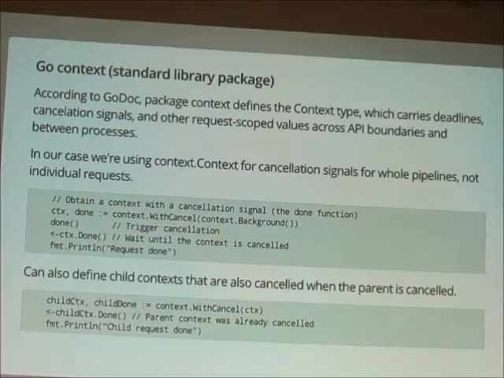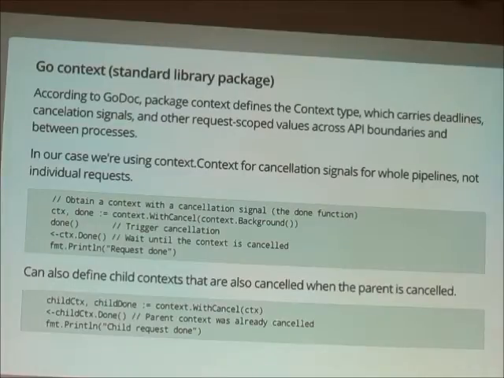So this shows how we would create a context with a cancellation signal. So we call context with cancel. Context.background is sort of the root parent context, if you will. So we get back the context as well as the done function. So when we want to trigger cancellation, we should call that done function.